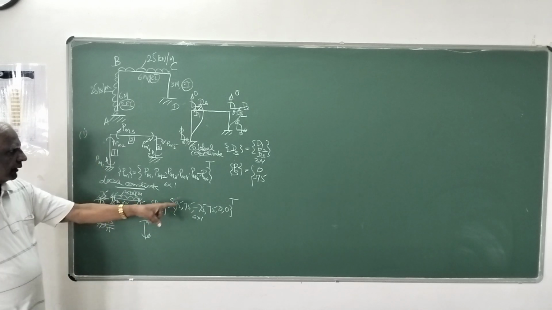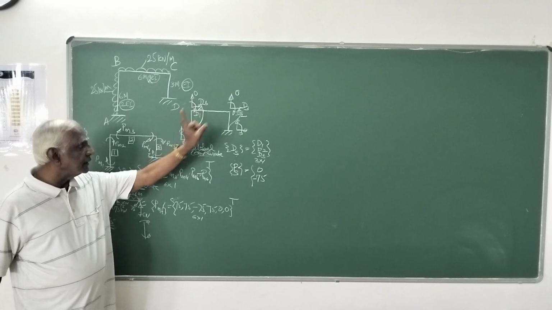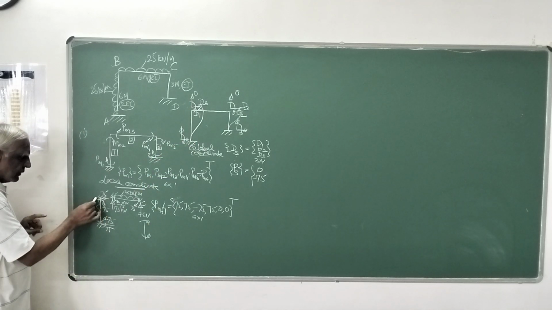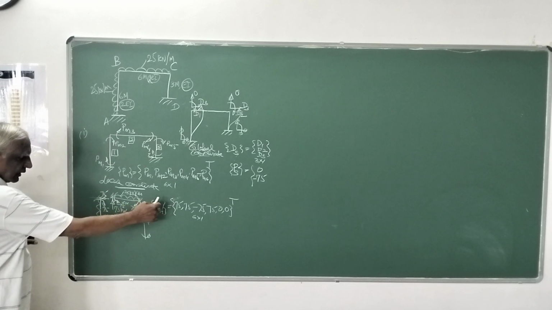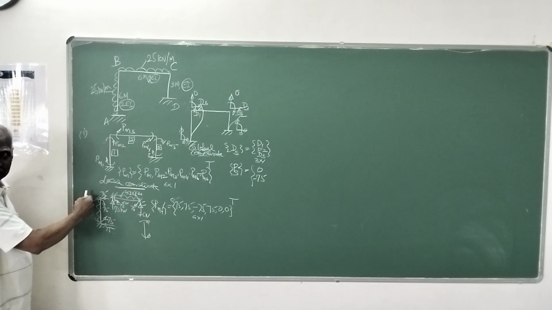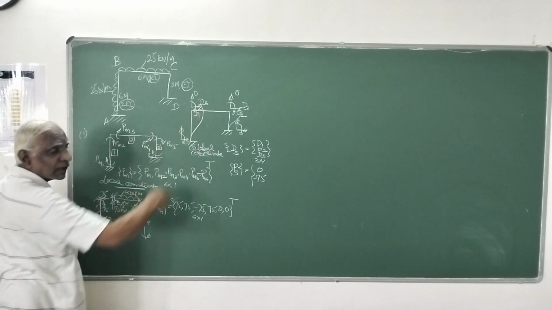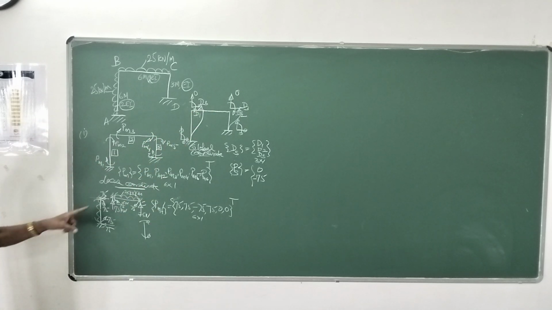Now, coming to this D3, the force. Here D3, this is the force, reaction 75. That corresponds to your D3. So it is 75 acting here, right? So this 75 is the force.